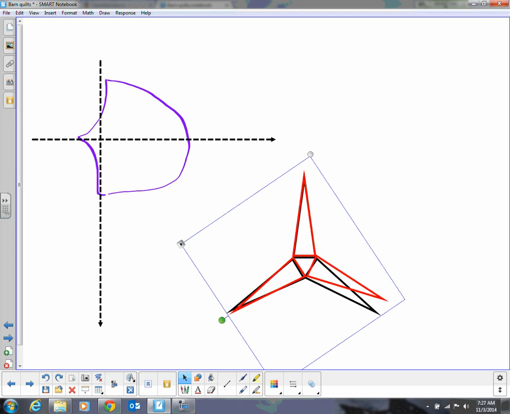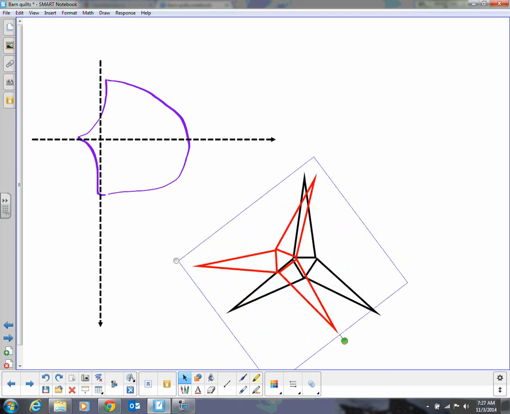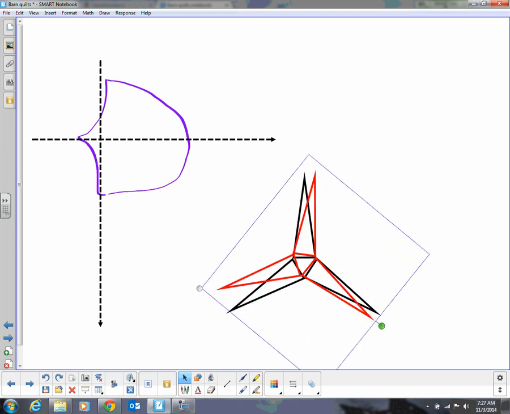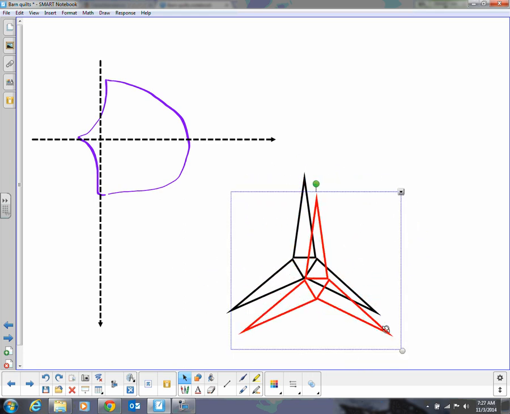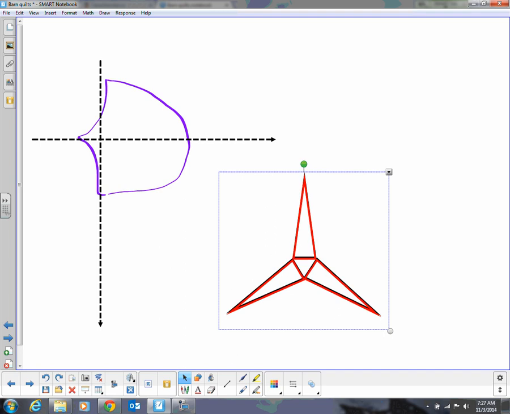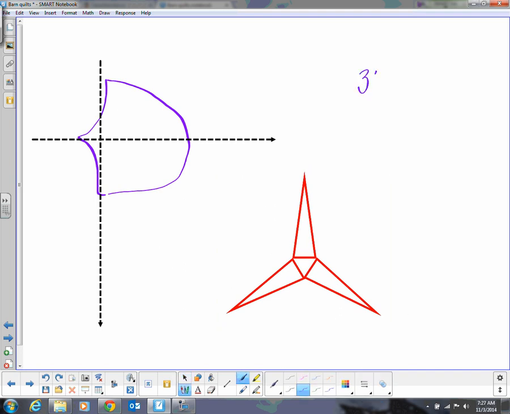It should. The question is, what's the degree of rotation? How many times do I have to rotate it to get it back on itself? 3 times. 360 divided by 3 is 120. So it has rotational symmetry of 120 degrees.